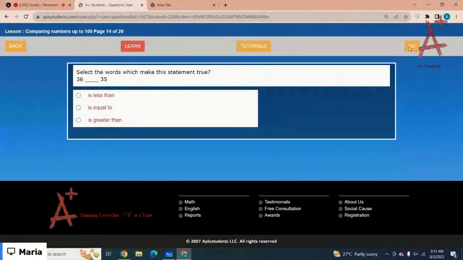Okay, select the words which make the statement true. 36 and 35. Which is the correct option? Yes, 36 is greater than 35, because when you count, you have 35 first, so it is greater than.